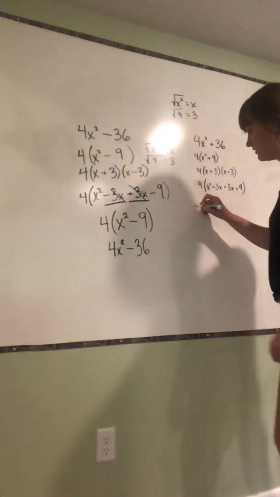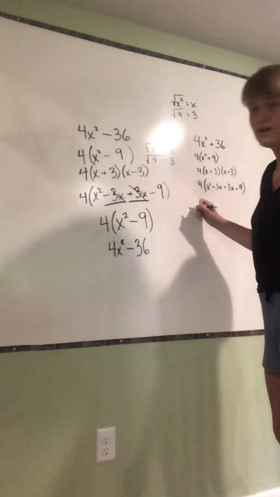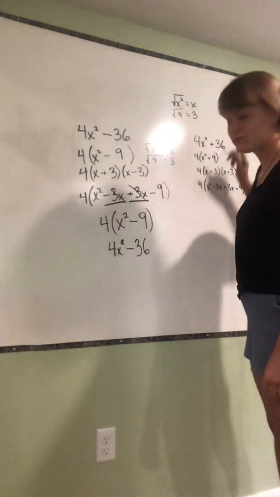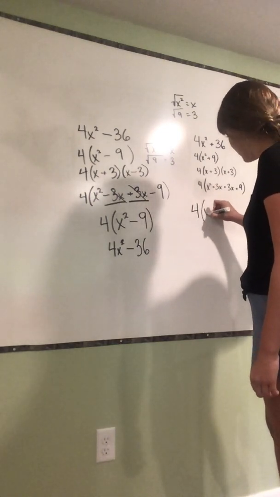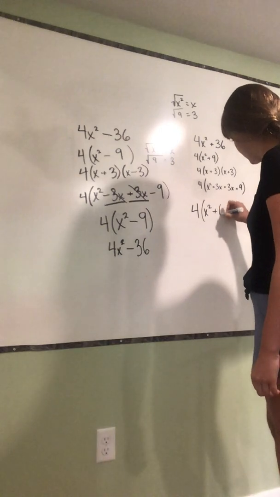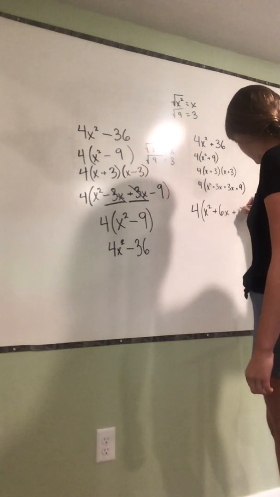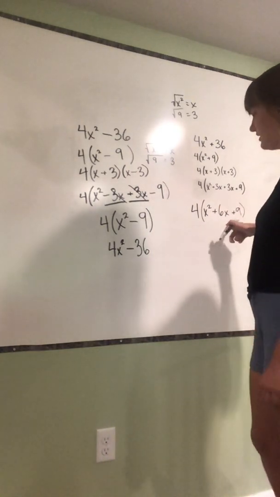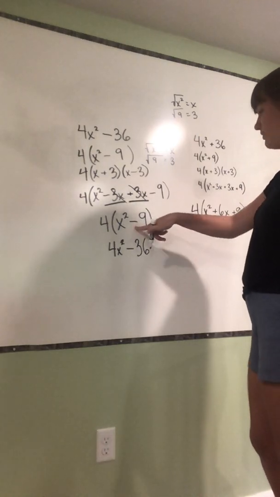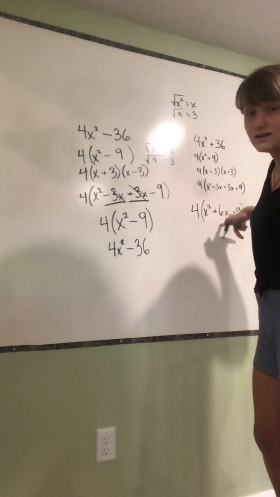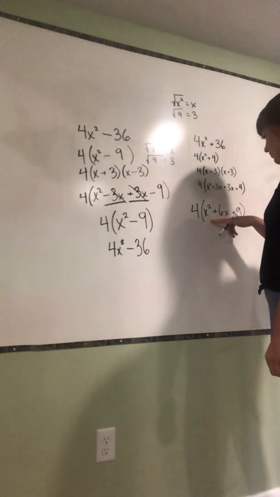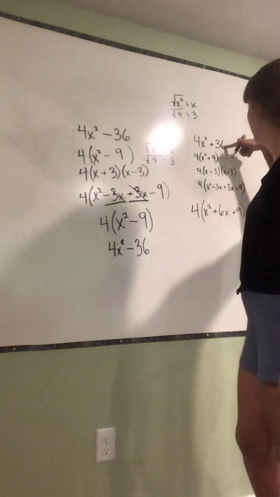It's not what you want. So over here, if we have this positive, we're going to have 4x squared plus 6x plus 9, which is obviously very different from what we are supposed to get. So if you can't tell, this is still a quadratic equation. It's still a normal one, but it's not at all what we were supposed to get.